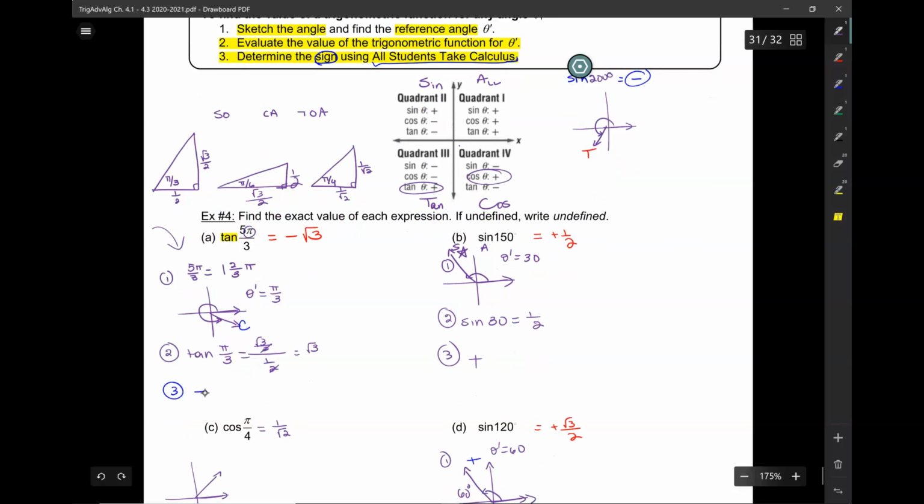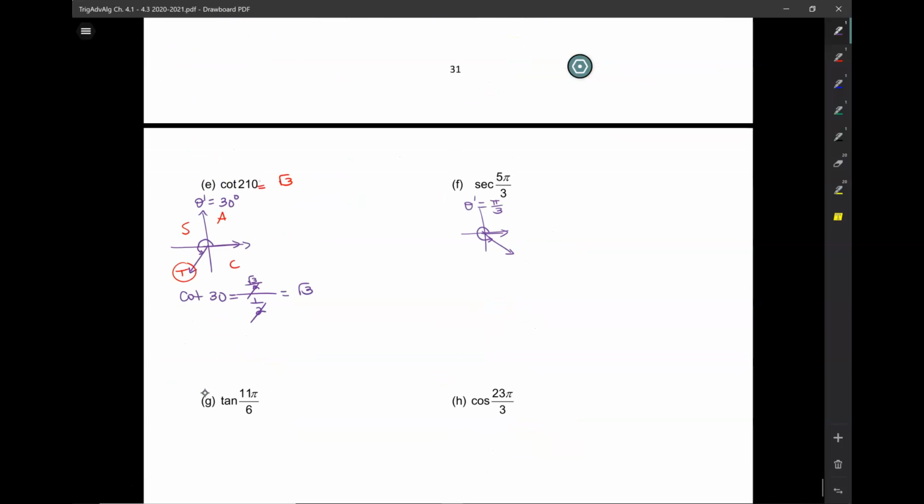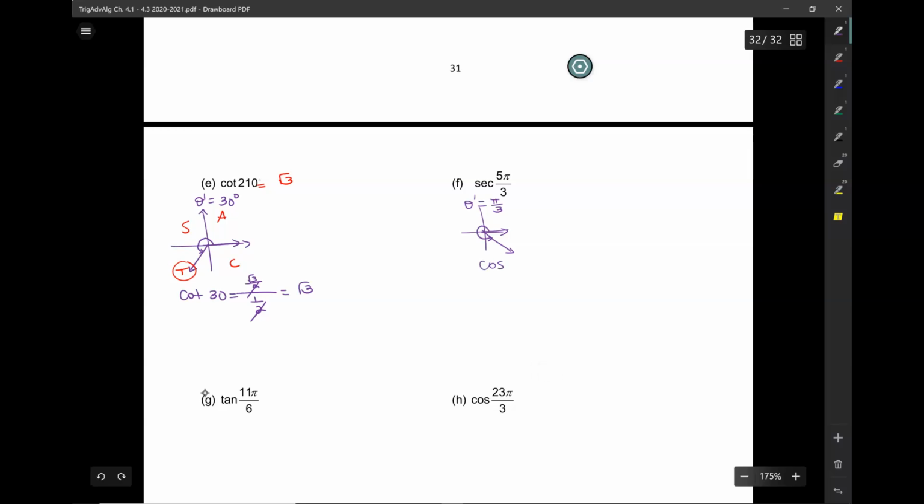Secant is like cosine for pi over 3. So that's the 1/2. If cosine of pi over 3 is 1/2, secant is the reciprocal, 2 over 1. In this quadrant, cosine is positive, so that's a 2.